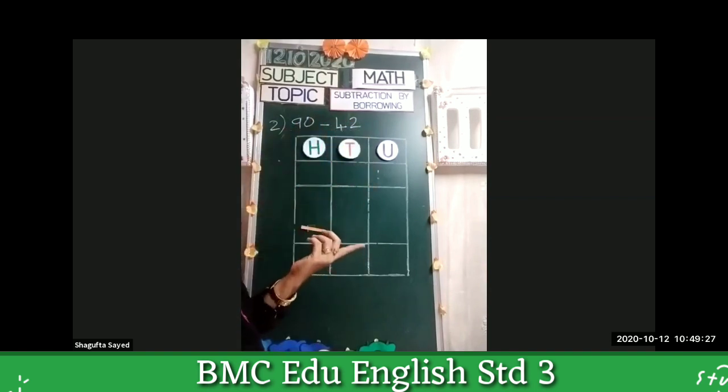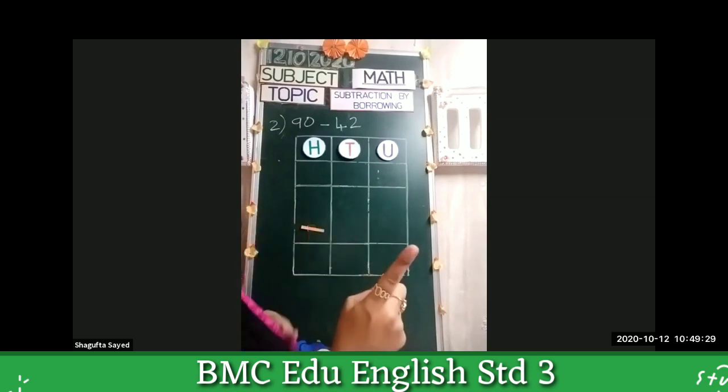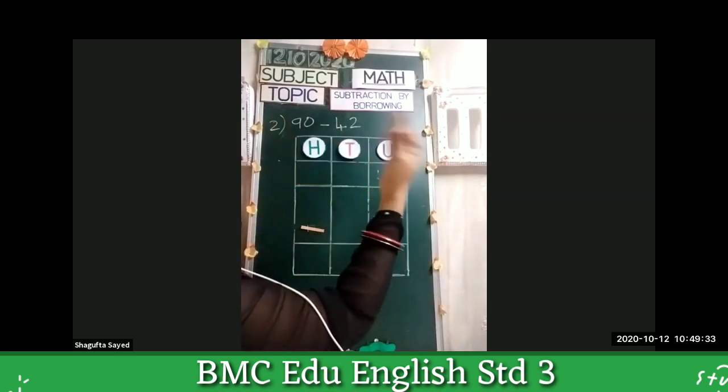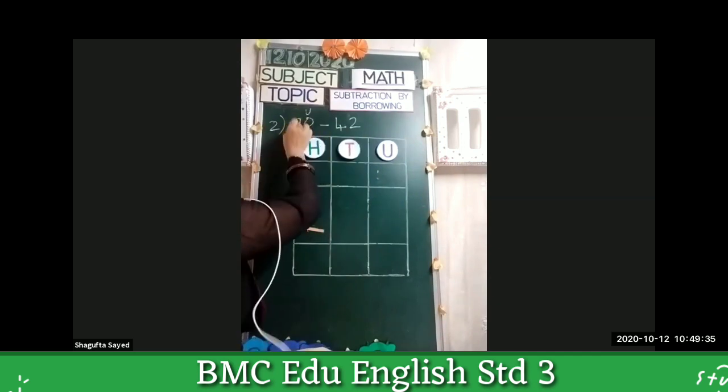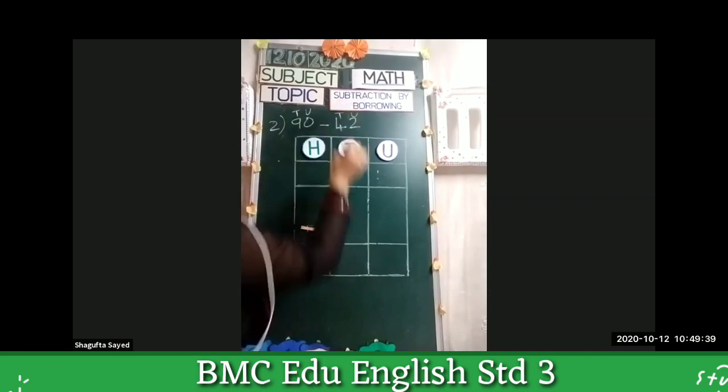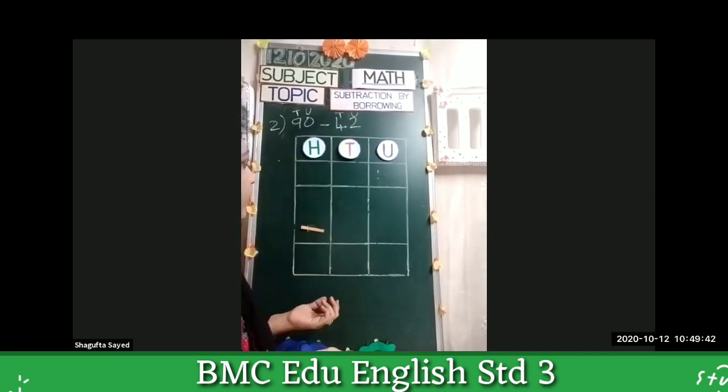Remember this. First thing we have to do, we have to write the place value. And when we write place value, from the right side it is unit. So 0 is unit, 9 is tens, 2 is unit, 4 is tens. This is basic. You all know this, right?